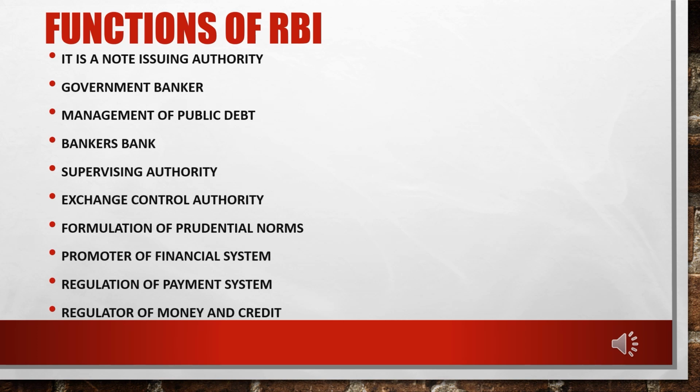All these things of the government are done through RBI. So they play a very active role in the management of public debt, and RBI plays the most vital role for the smooth functioning of the public debt management system in the country.